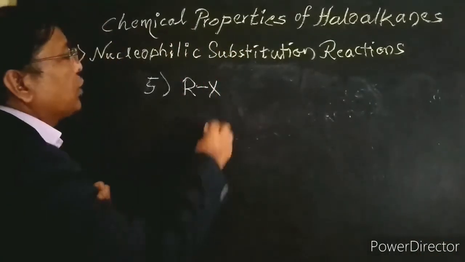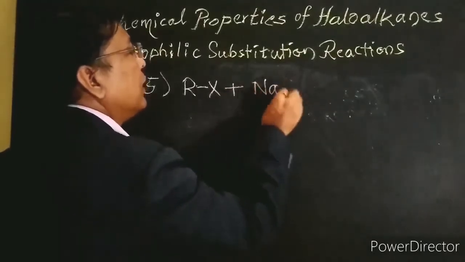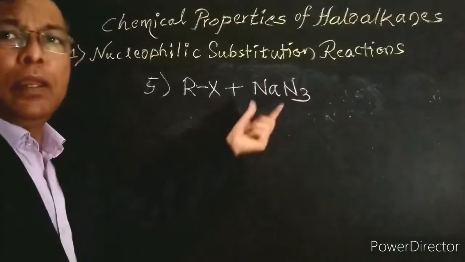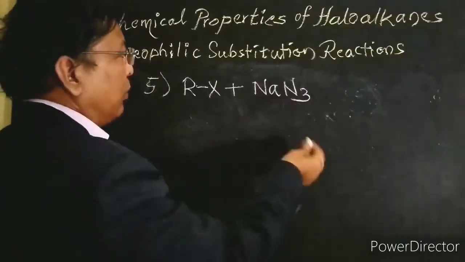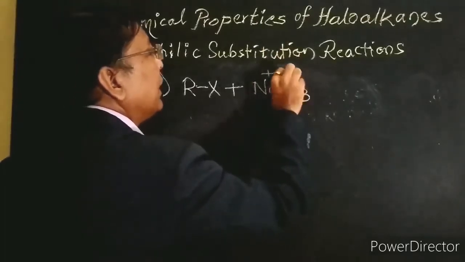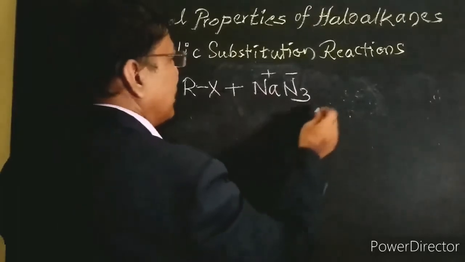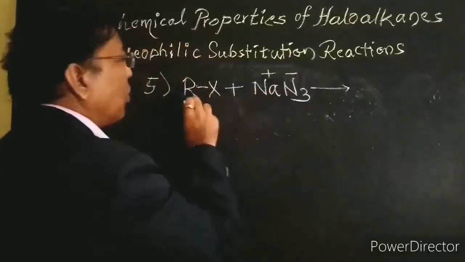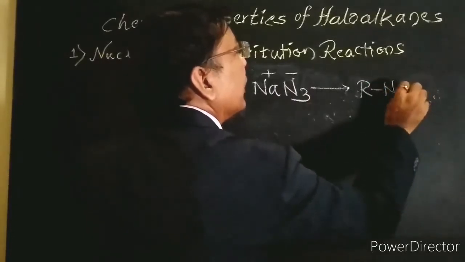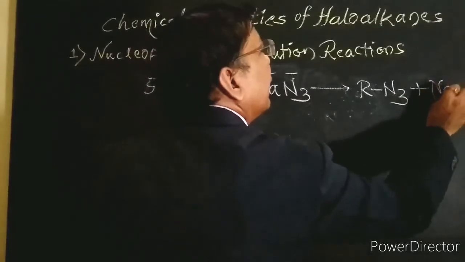Now the fifth reaction is the reaction of alkyl halide with sodium azide, that is NaN3. N3 is called the azide group. And which is the nucleophile here? We know that Na is positive, means N3 must be the nucleophile, that is N3 minus. This nucleophile attacks on this alkyl group and we get RN3 and NaX.